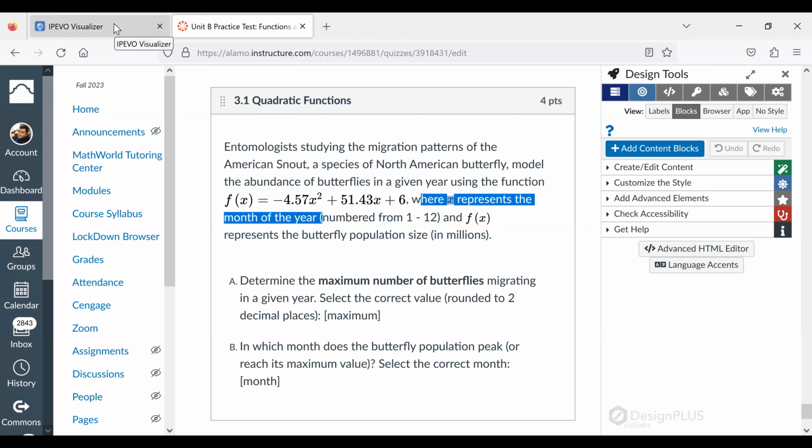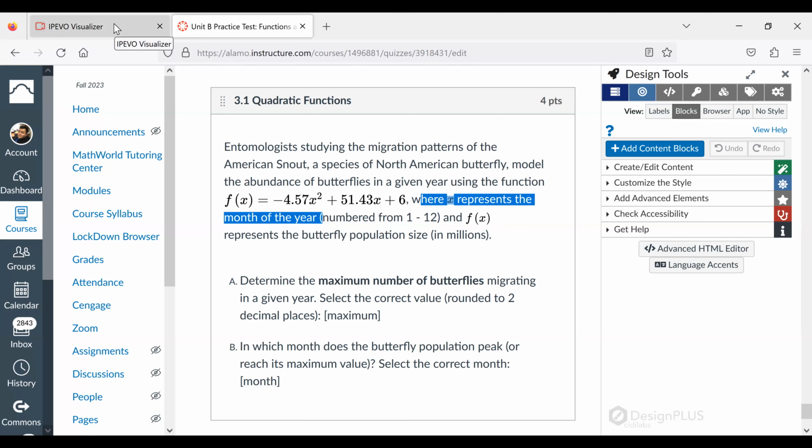Now, we can answer part B, in which month does the butterfly population peak? We would say May, right? Now, in May, it corresponds to 150.70 million butterflies. So the number, part A, would be 150.70.